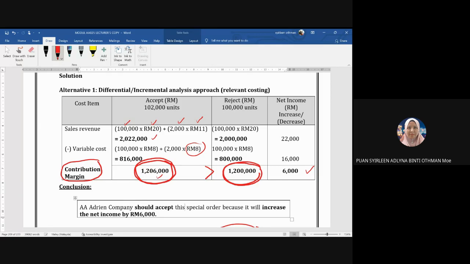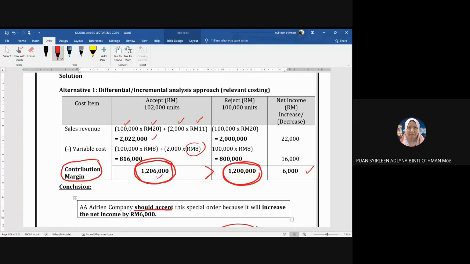Walaupun beza dapat 6,000 je, siapa nak bagi? 6,000 is a lot, especially when you're doing business, right? So even though you are selling the item for a lesser price, harga yang lebih rendah, tapi you still manage to get additional income. Okay, dapat pendapatan tambahan. So saya punya decision will be accept. So situasi tak sama.